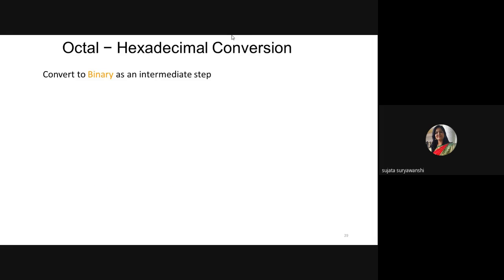Now we'll see the next concept, that is the conversion from octal to hexadecimal number. Here you have to convert the octal number into hexadecimal number. For that conversion, first of all you have to convert the given octal number into binary number, and then convert that binary number into hexadecimal number.